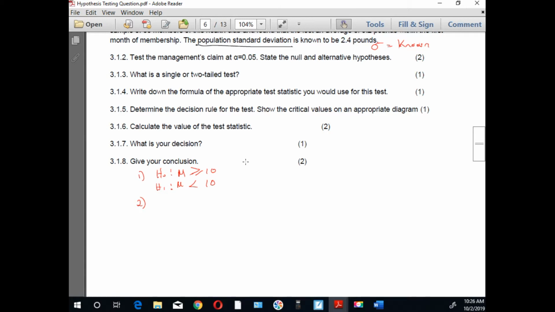Since our standard deviation is known, alpha equals 0.05, and it's a one-sided test, we don't divide our alpha, so alpha equals 0.05 and it's a z test.